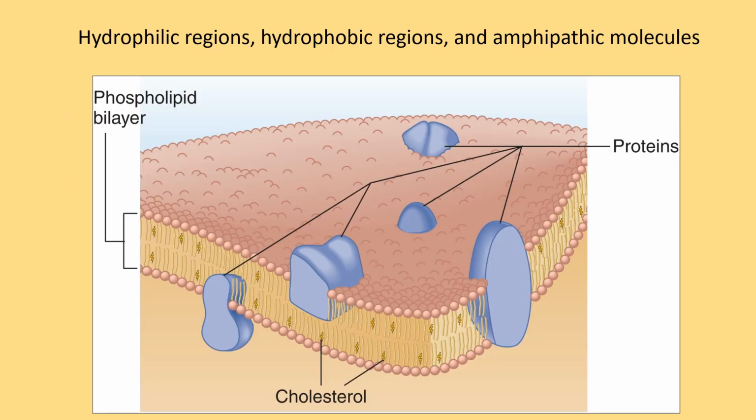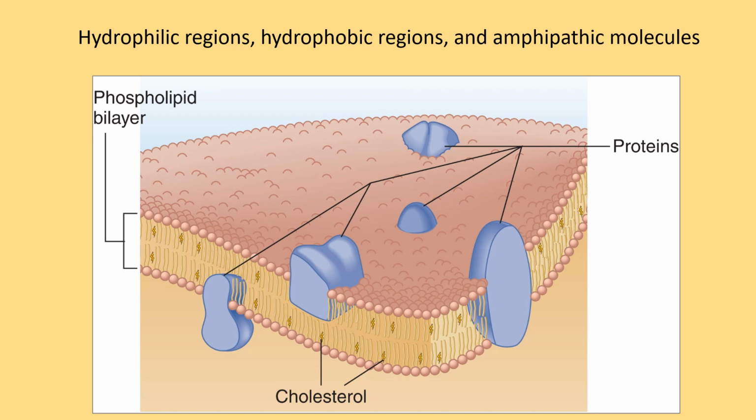So phospholipids, I hope you remember, are amphipathic. And an amphipathic molecule is one that has both hydrophilic and hydrophobic regions. And so of this phospholipid bilayer, the exterior, both the extracellular surface and the intracellular surface, those pink heads that are shown here, each phospholipid, as is drawn here, has a pink head and two kind of greenish tails.